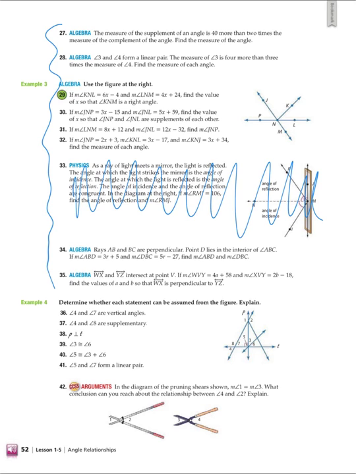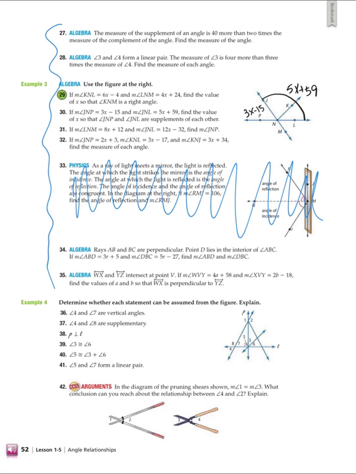If angle JNP is 3x minus 15, and JNL, this whole thing right there, is 5x plus 59, find the value of x so that JNP and JNL are supplements of each other.